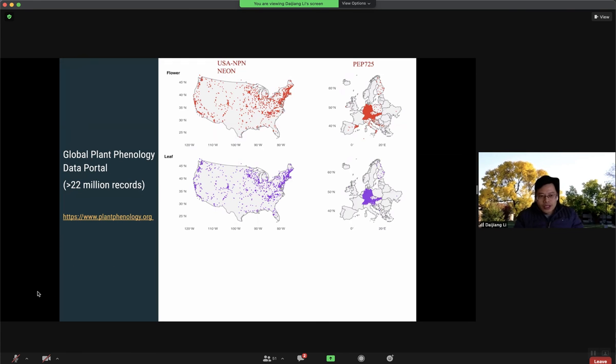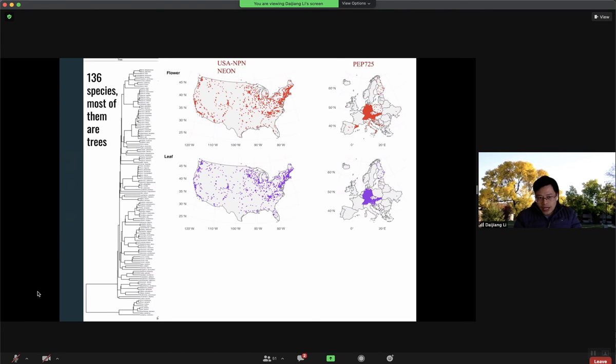And to look at this question, previously I took advantage of big observatory plant phenology data, looking at the US as well as Europe. Here I look at the flowering and leaf out of plants, actually 136 species, but most of them are trees.